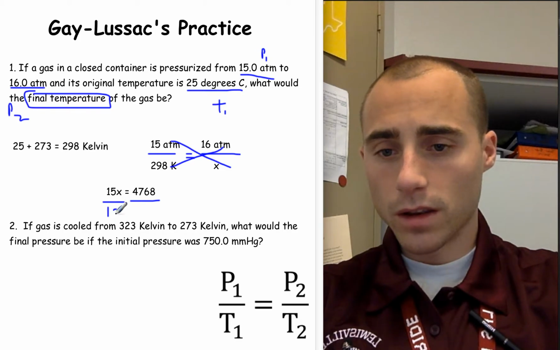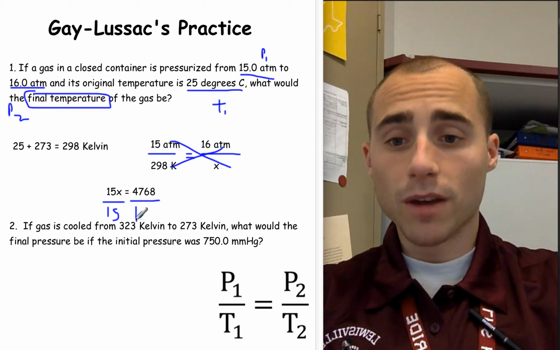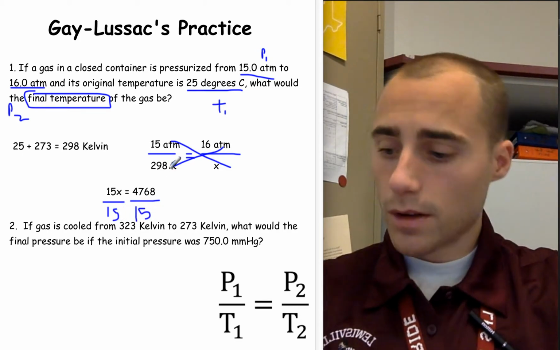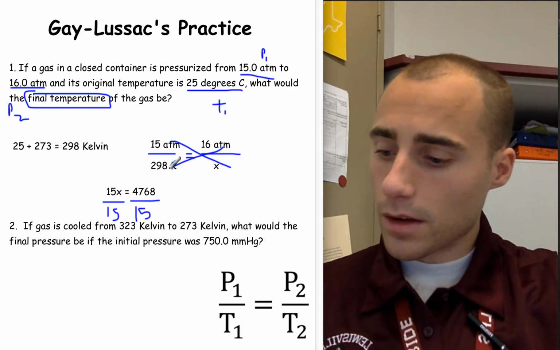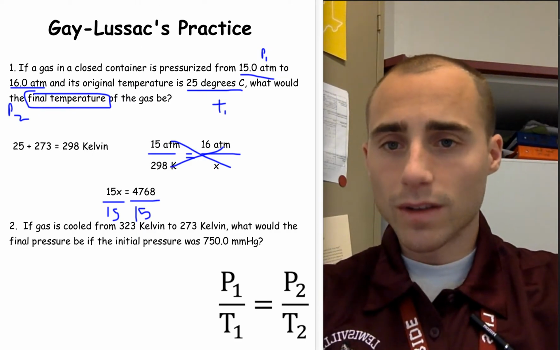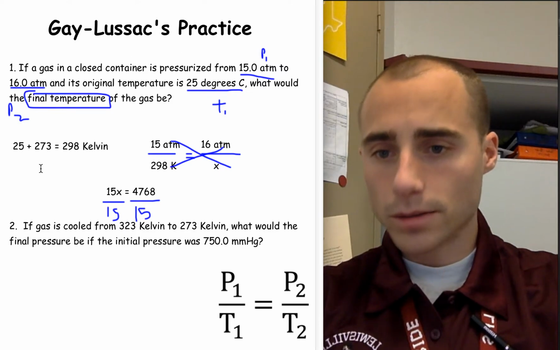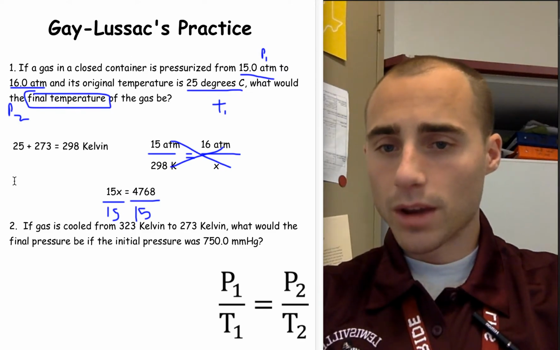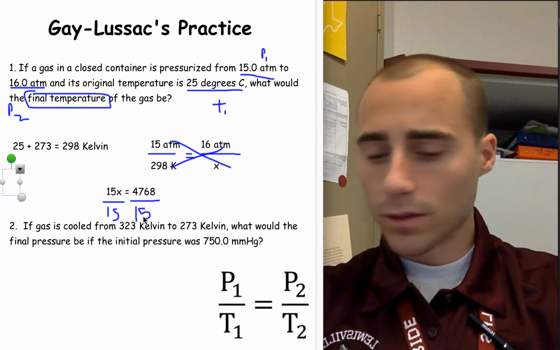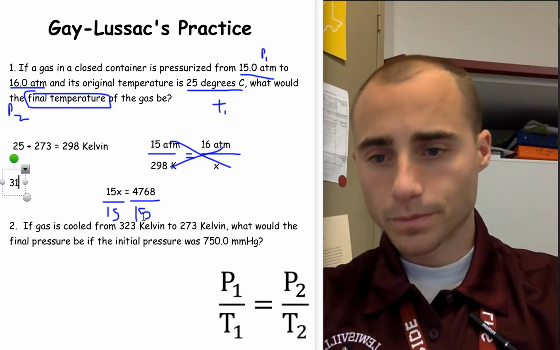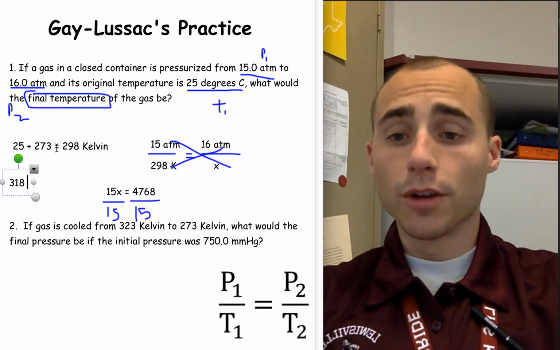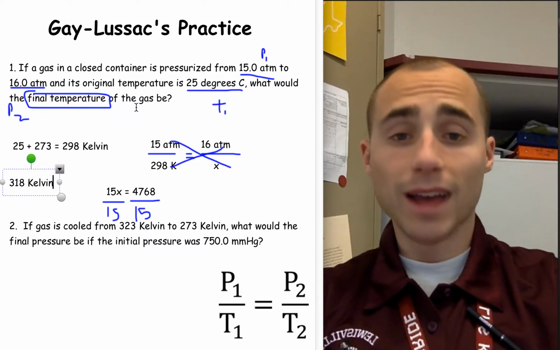So divide by 15 here and divide by 15 here. My answer comes out to be 317.9, but we're going to go to 3 sig figs, so we'll just go to 318. And we're looking for final temperature, so that's going to be measured in Kelvin.